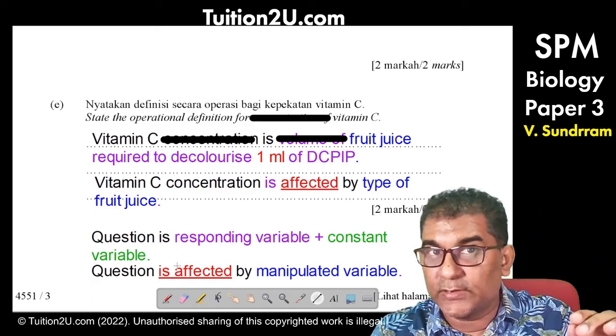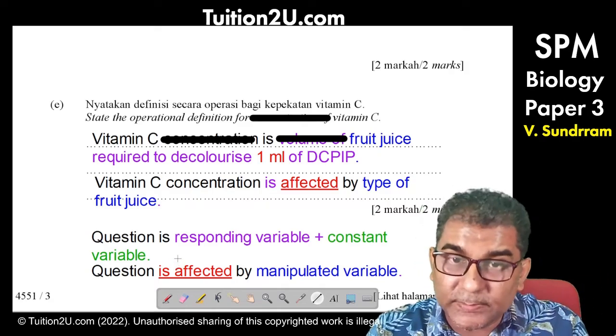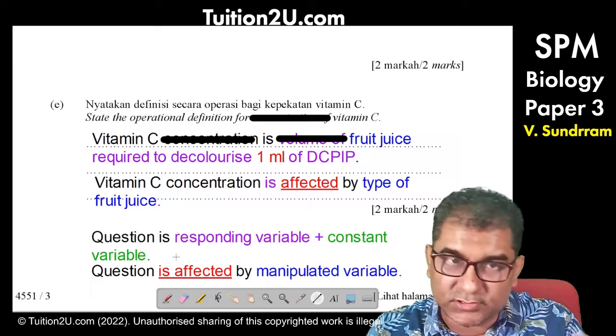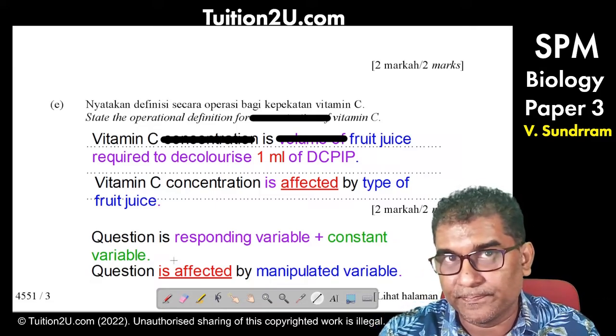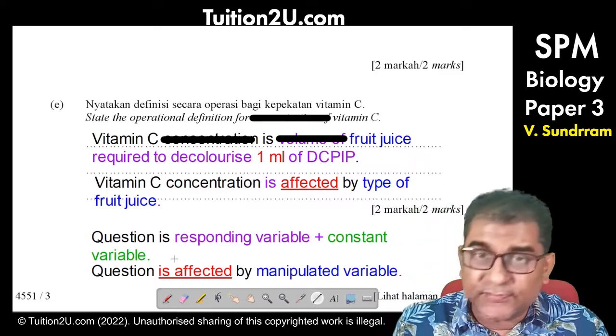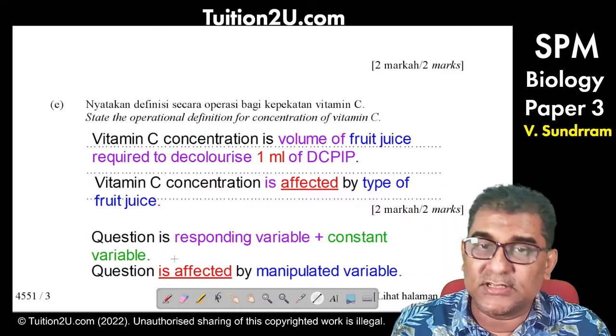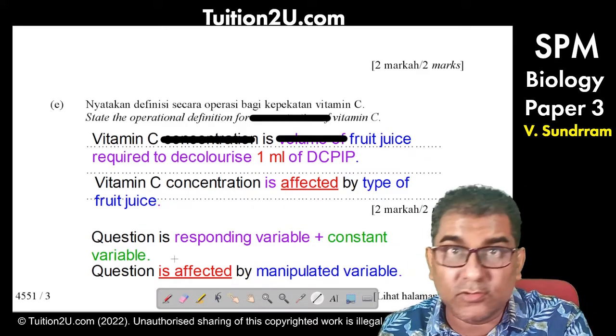So the quantitative words, anything to do with calculation, we remove. Vitamin C is fruit juice required to decolorize 1 ml of DCPIP. Because they didn't ask for the concentration. If they ask for concentration, then you mention the volume. If they didn't ask concentration, no need volume.